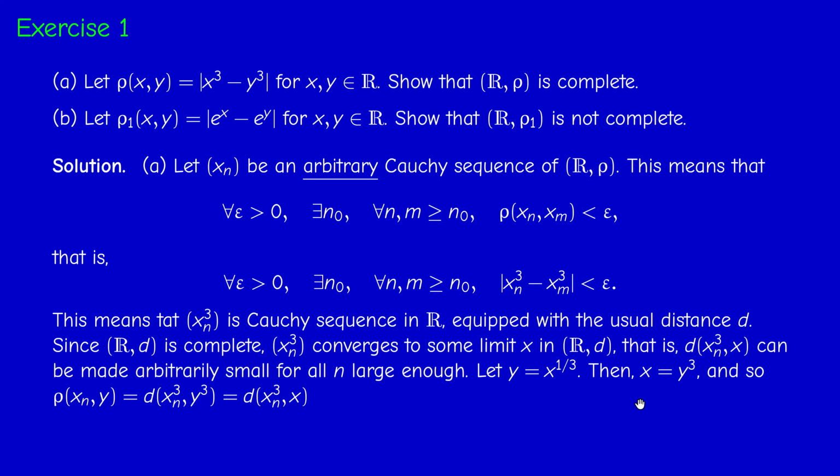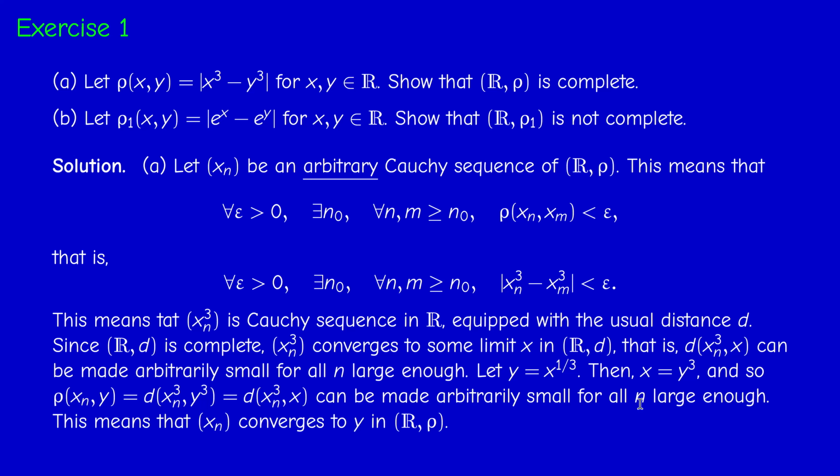And this is just |x_n cubed minus x|. And this tends to 0, or can be made arbitrarily small as n goes to infinity. Therefore, this means that x_n converges to y in (R, rho), and therefore (R, rho) is complete, since the sequence was arbitrary.